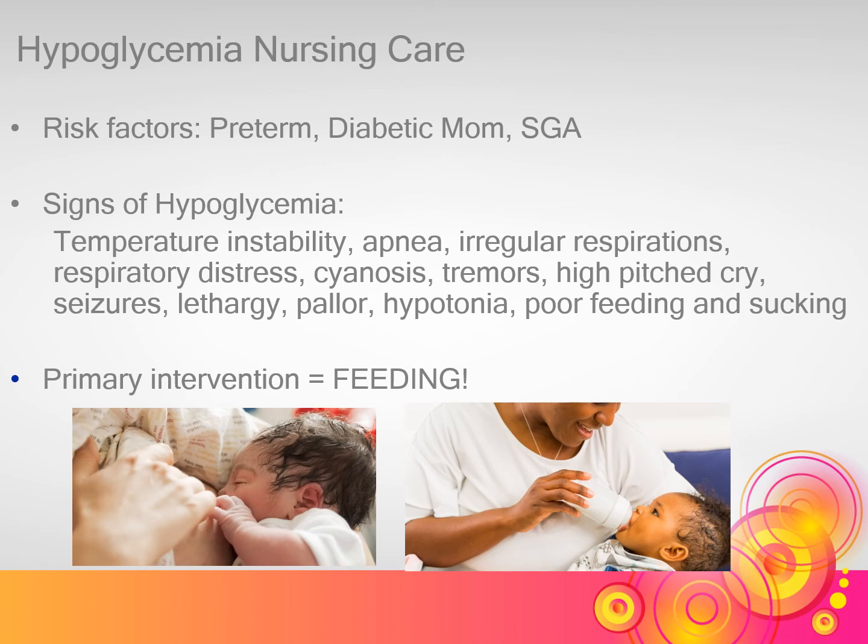You'll see temperature instability, apnea, irregular respirations, respiratory distress, cyanosis, tremors, high-pitched cry, seizures, lethargy, pallor, hypotonia, poor feeding, and sucking. So the primary intervention to treat hypoglycemia in the newborn is to feed the baby.